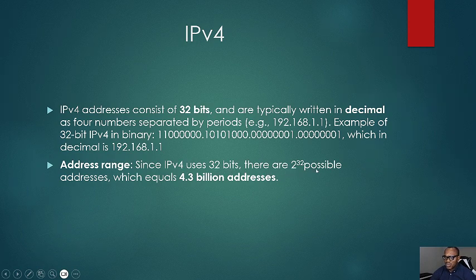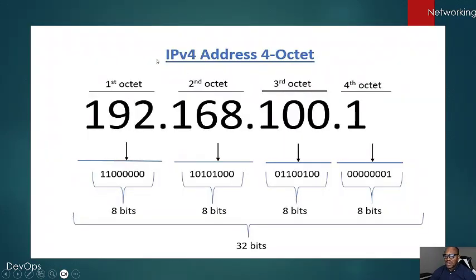Which means that there are 2 raised to power 32 possible addresses that can be obtained from IPv4, which equals 4.3 billion addresses. So an IPv4 address is in a 4-octet dotted decimal format, and the first octet starts from the left, followed by the second octet, followed by the third octet, followed by the fourth octet.